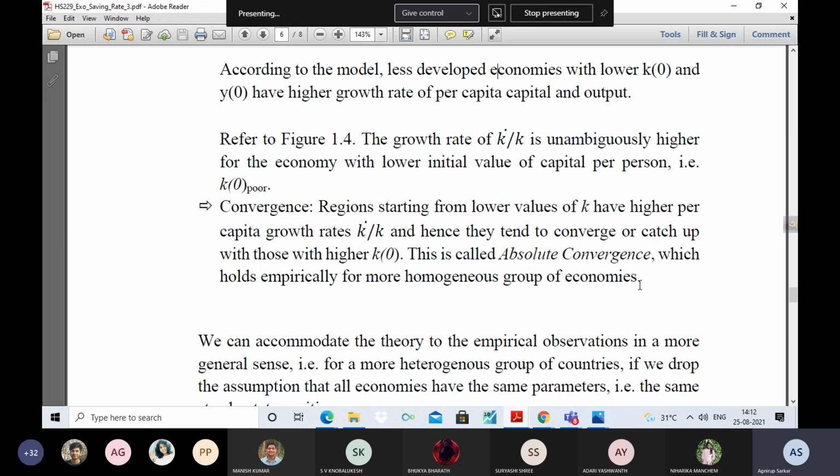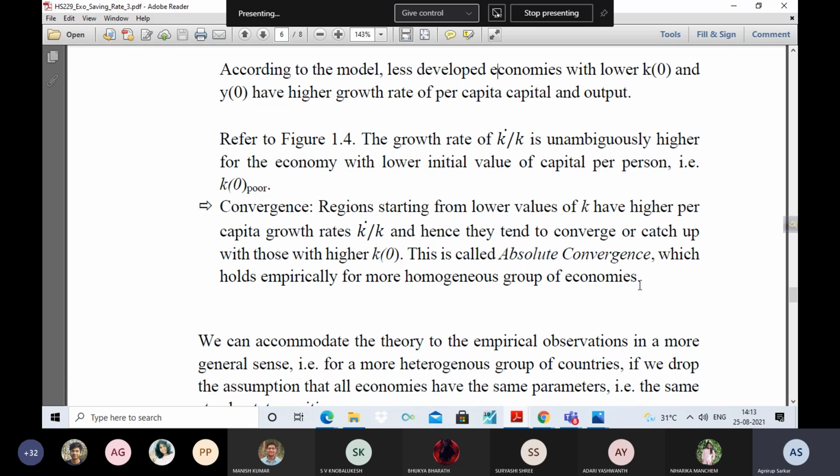So the idea is that we are looking into a hypothesis in which poor economies tend to grow faster per capita than rich economies, without conditioning on any other characteristics of economies and any other parametric details of economies. This phenomenon is referred to as absolute convergence.